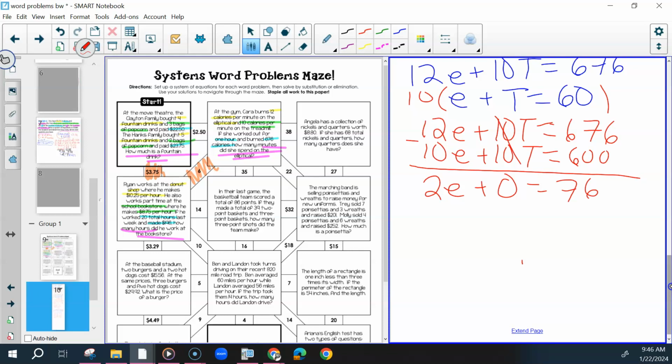So when we divide both sides by 2, the number of minutes spent on the elliptical was 38. Double check that. 38 what? Yes.